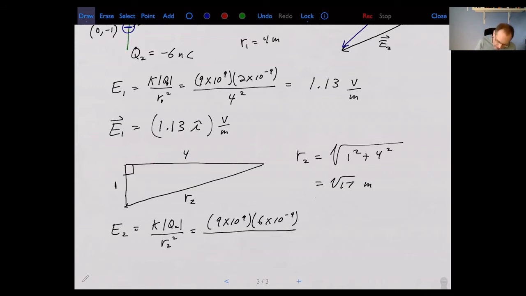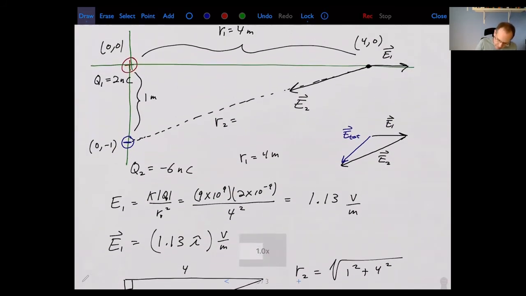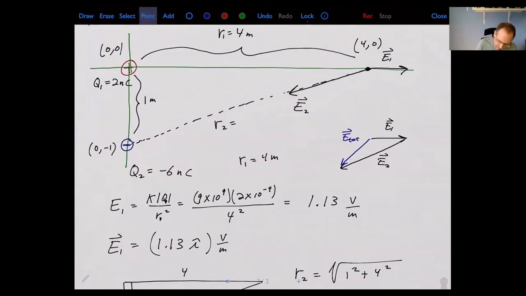And then divided by square root of 17 squared, which is just 17. If you work this out, you're going to find this is around 3.18 volts per meter. So that's the magnitude of E2, the length of that particular vector.